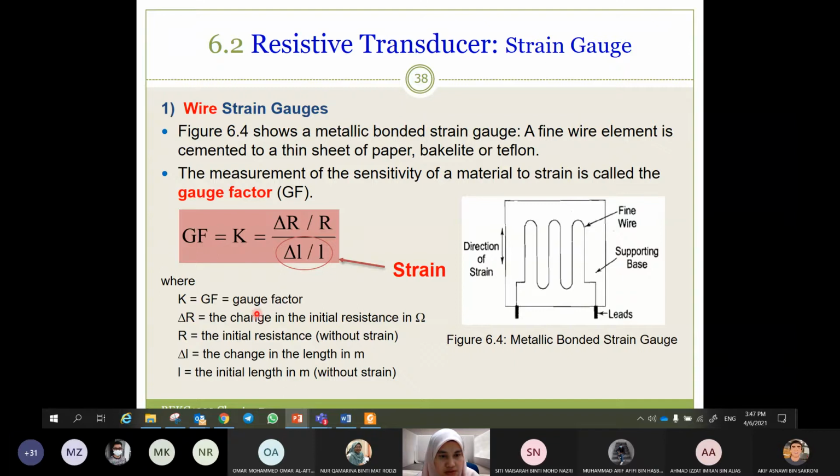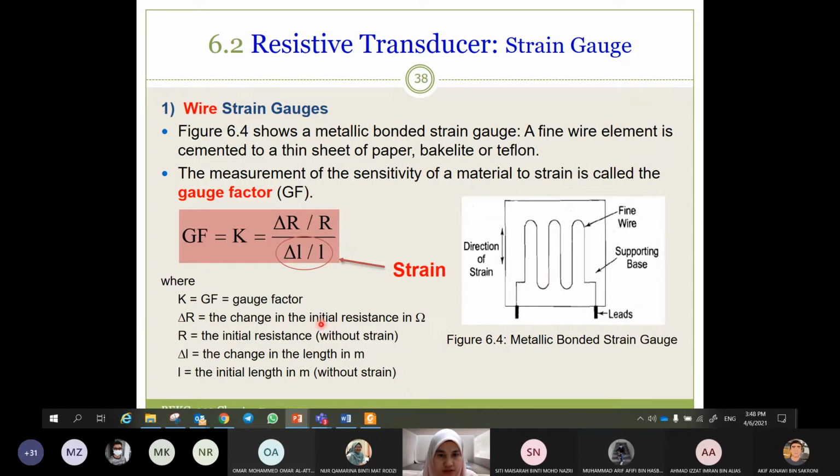It is the gauge factor. Del R is equal to the change in the initial resistance in ohm. Because when we apply stress on the strain gauge, the length of the thin wire will change, either increase or decrease, and then the resistance will change as well.